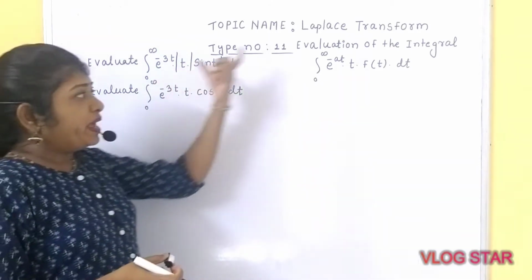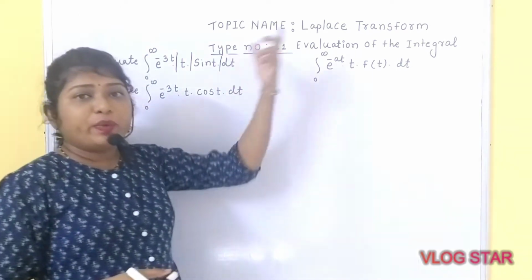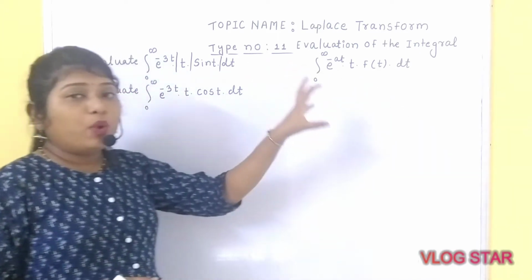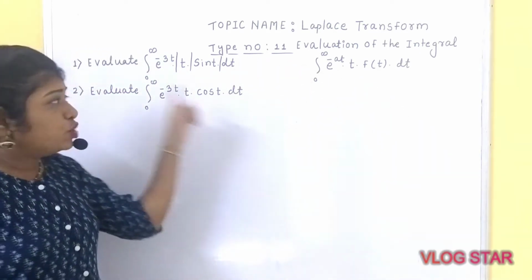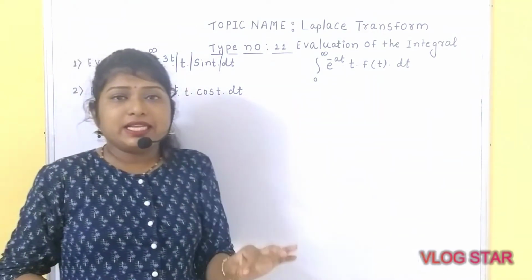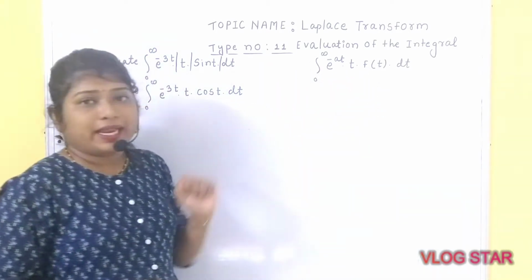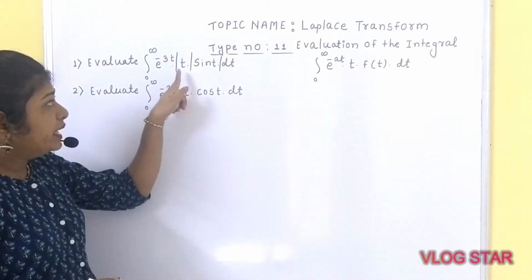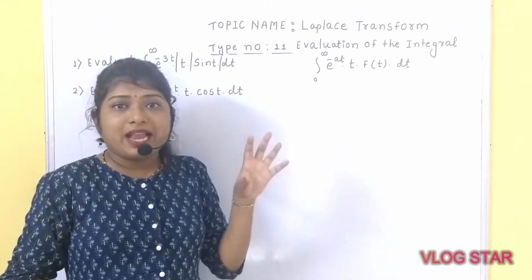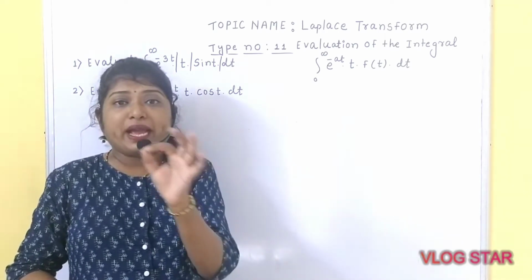If you compare with the standard result, you have to identify what is f of t. In this particular question, f of t is equal to sin t. Then you need to check the second part. What is given? T into sin t. If you remember, in the last video we learned the effect of multiplication by t.